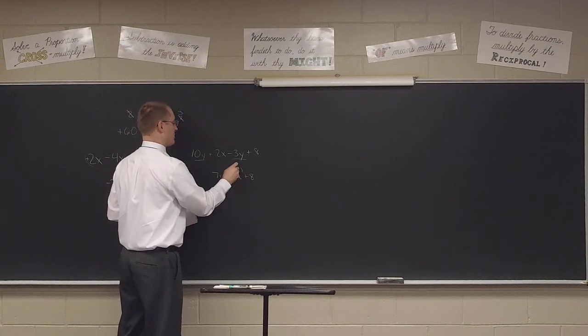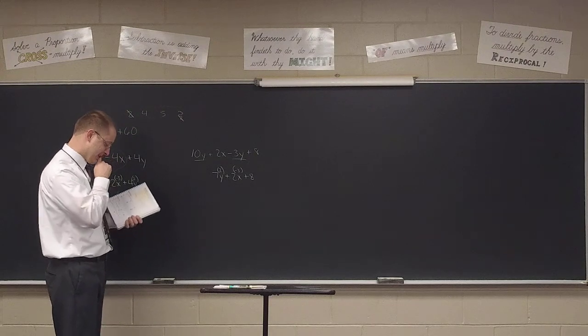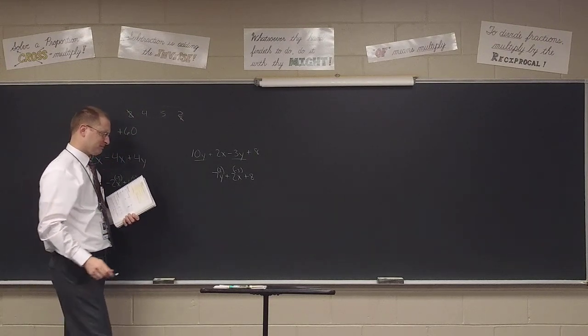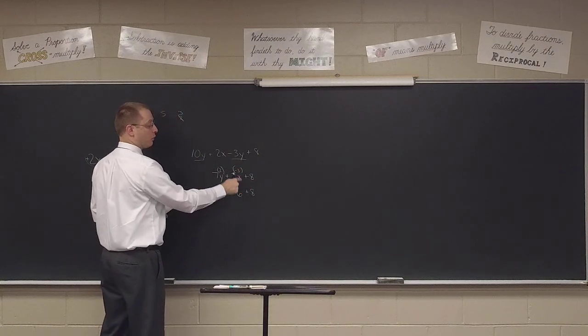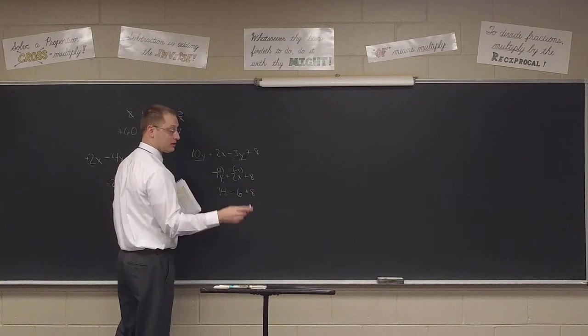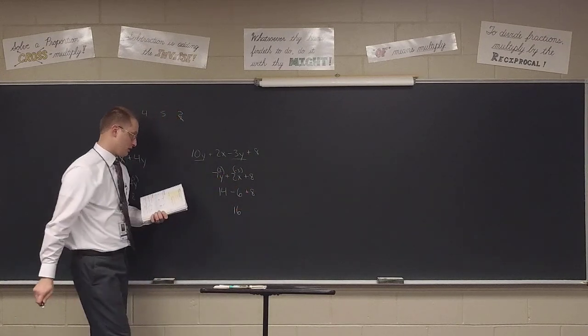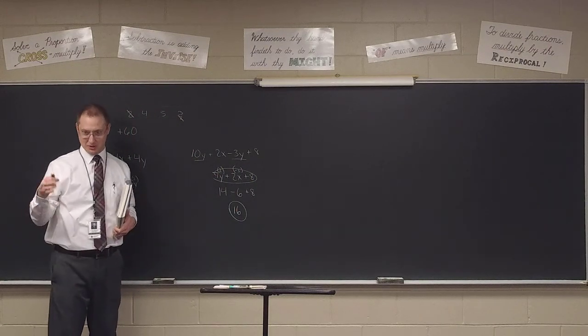Now we evaluate negative 3 for x, 2 for y, and what does it give us for our answer? 14 plus negative 6x plus 8. Not 6x, just 6, right? The 3 is in for the x, and then this is 8 plus 8 gives us 16 for our final answer. So this was the simplify, that was the evaluate. Does that make sense what those instructions mean?